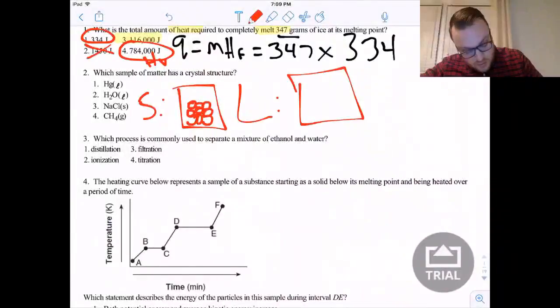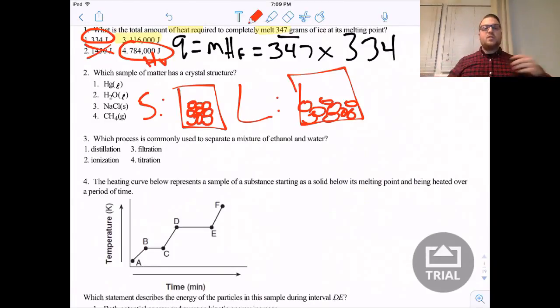So it just spreads out, but the particles themselves don't necessarily get further apart. And that's a common misconception. Especially when we're talking about entropy, a lot of people will say, oh, a liquid has more entropy than a solid because they're further apart. Not necessarily true. They're not as ordered as a solid is, but they're still very close together.